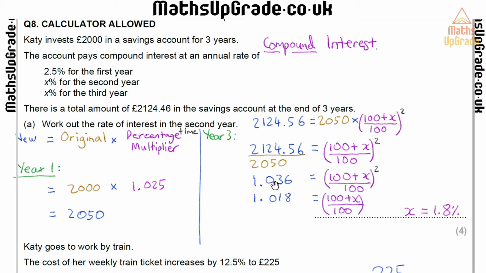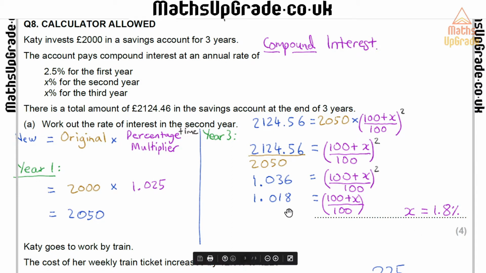That gives me 1.036. 1.036 is this expression here squared. So what I'm going to do now is square root both sides. That gives me 1.018. So 1.018 is represented by this. So I can see now 1.018. I can now just multiply by 100 and subtract 100, and that gives me x, and x would be 1.8%.